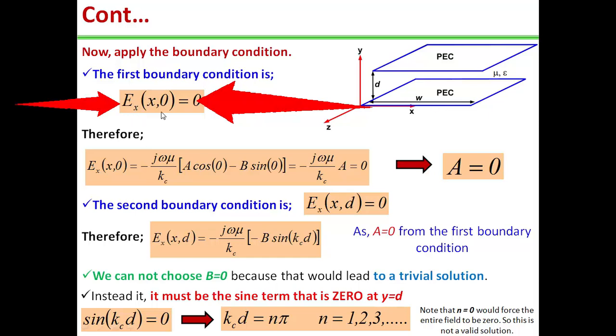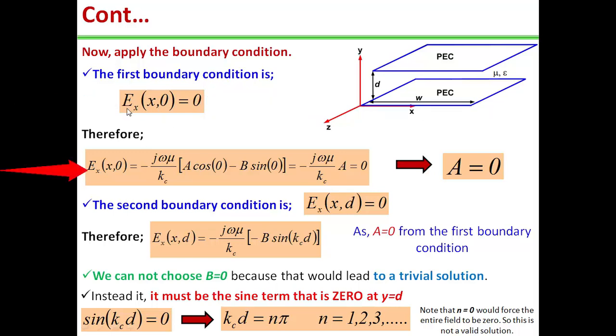After applying the boundary condition, we get Ex = −jωμ/kc A, because the B component will be 0 since sin 0 is 0. After solving this equation, we have A = 0. That means the first constant has been found as 0.